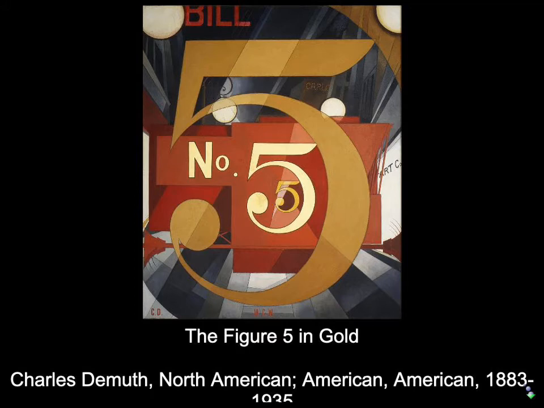On the far left bottom corner, you can see Demuth's own initial, CD, or up top, the word Bill, nickname for William, or Carlo on the side of that building, and so on. So a kind of an imagist painting after imagist poetry with that great hybrid of naturalism and abstraction that Americans are coming to love.